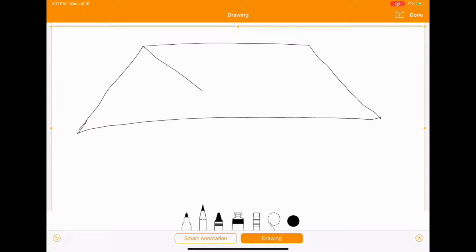So the first thing you want to do is just draw your truss as big as possible, and then apply your forces and reactions.